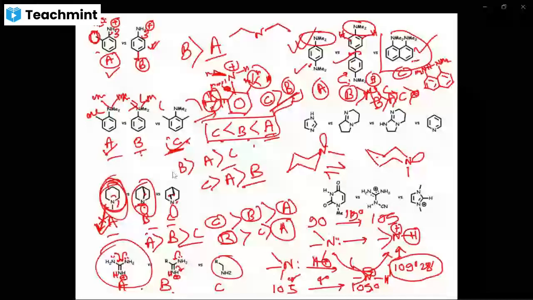So if we now consider rotation, then the order will be different, right? Because here both are donating inside the ring, so their mutual effect will cancel, and the nitrogen lone pair will be mostly available on the nitrogen atom rather than inside the ring. But because here you have a rotation, when the two rings become perpendicular to one another, both can now donate inside the ring, right?